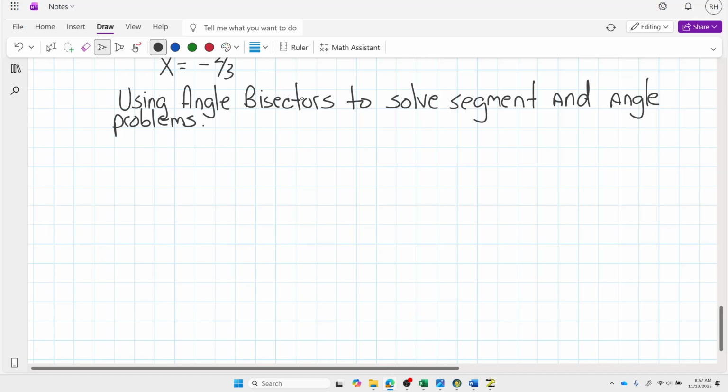You're using angle bisectors to solve segment and angle problems.